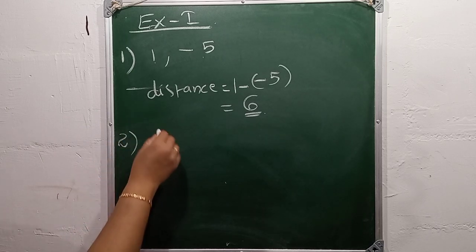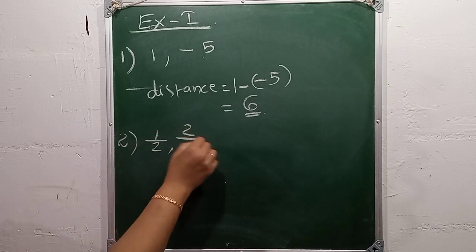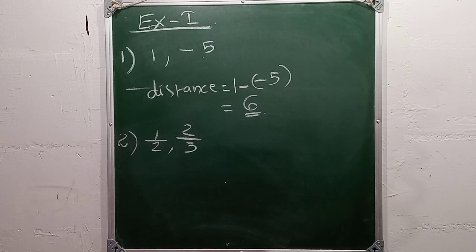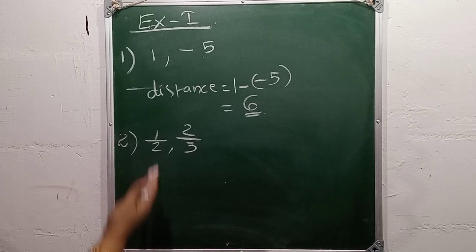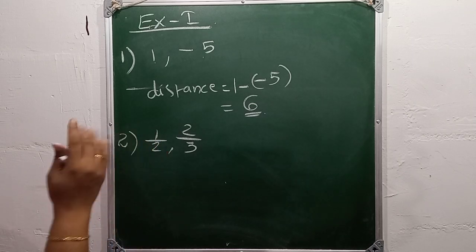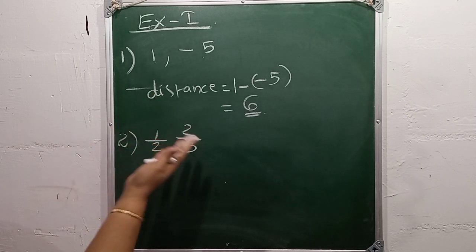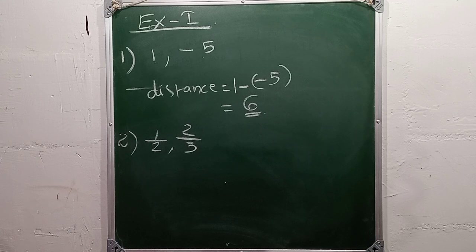Second one is 1 by 2, 2 by 3. Okay, how do we find which one is larger? We cannot directly find out which one is larger here. One is 1 by 2, the other is 2 by 3. That means the denominators are not equal. So first we are going to make the denominators equal for these two fractions.